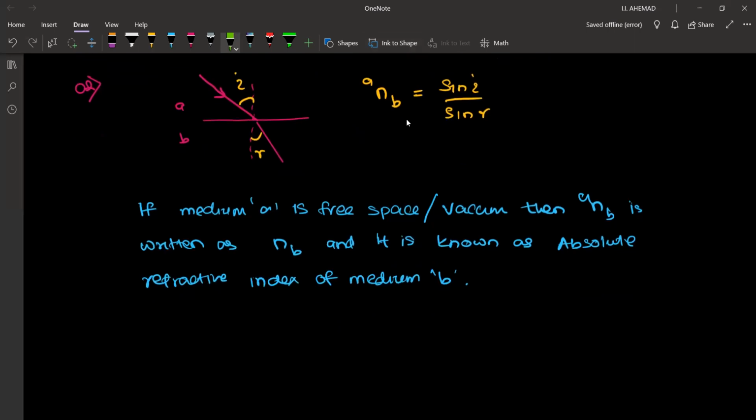So if A is air or free space, then we call this the absolute refractive index.